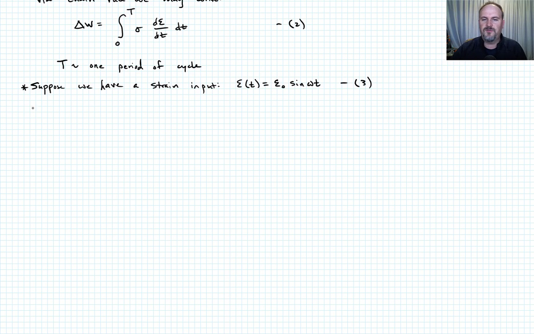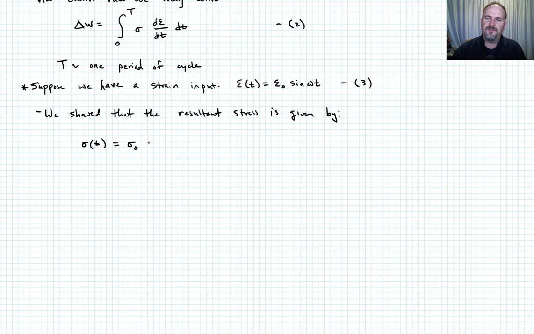We've shown previously that the resultant stress is going to be given by sigma of t is equal to some sigma naught value, now shifted by our loss tangent delta. So sine of omega t plus delta, right? Let's call that equation 4.